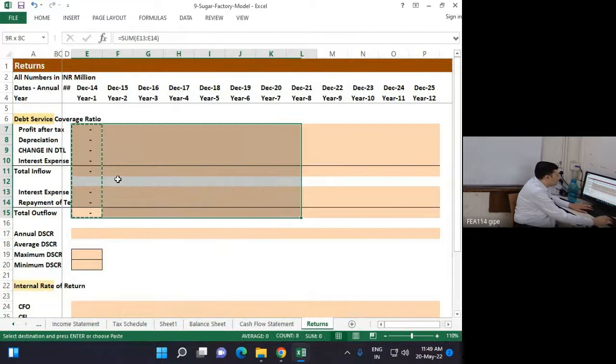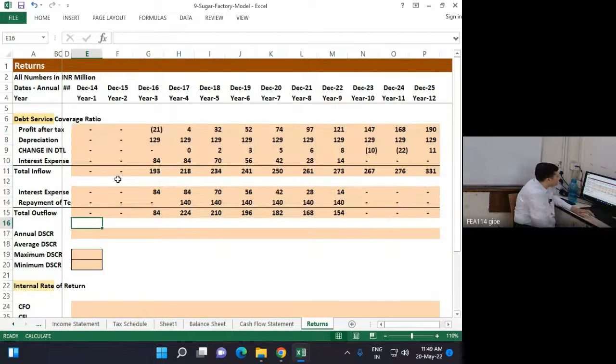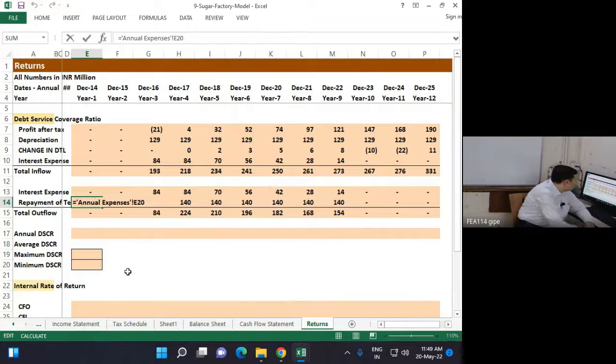Okay, everybody calculate the inflows and outflows as shown, and then we will do debt service coverage ratio again. I have kept the formula of repayment of term loan on screen.